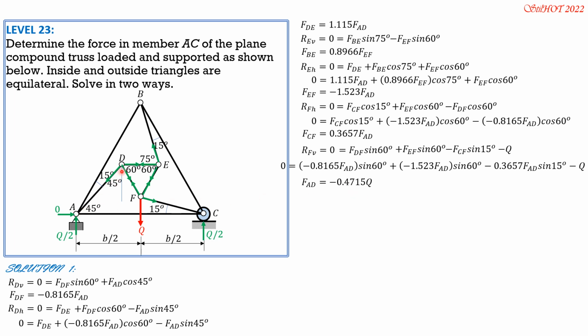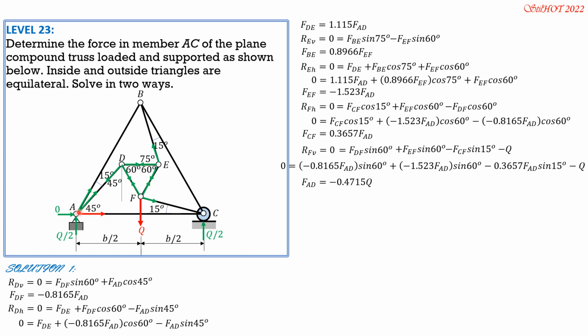Now that we have found FAD, we now proceed to joint A. So these are the forces involved at A: FAB, FAD, and FAC, which is the required. So red color. So we cannot solve FAC yet.